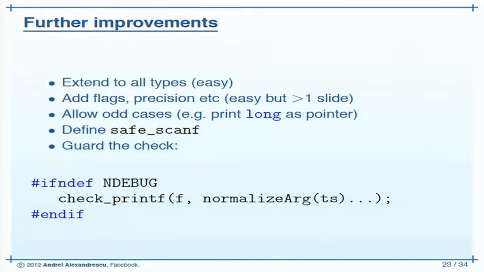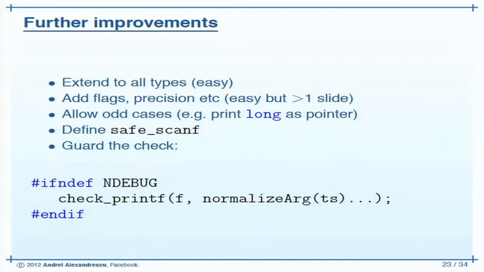Very efficient. And actually, as I told you, we can say, well, ifdef debug, all those good things. We could extend to other types. We can add flags, and this is really simple. It's just the basic formatter. We could add flags and precision, and all those good things that printf supports in its format string.